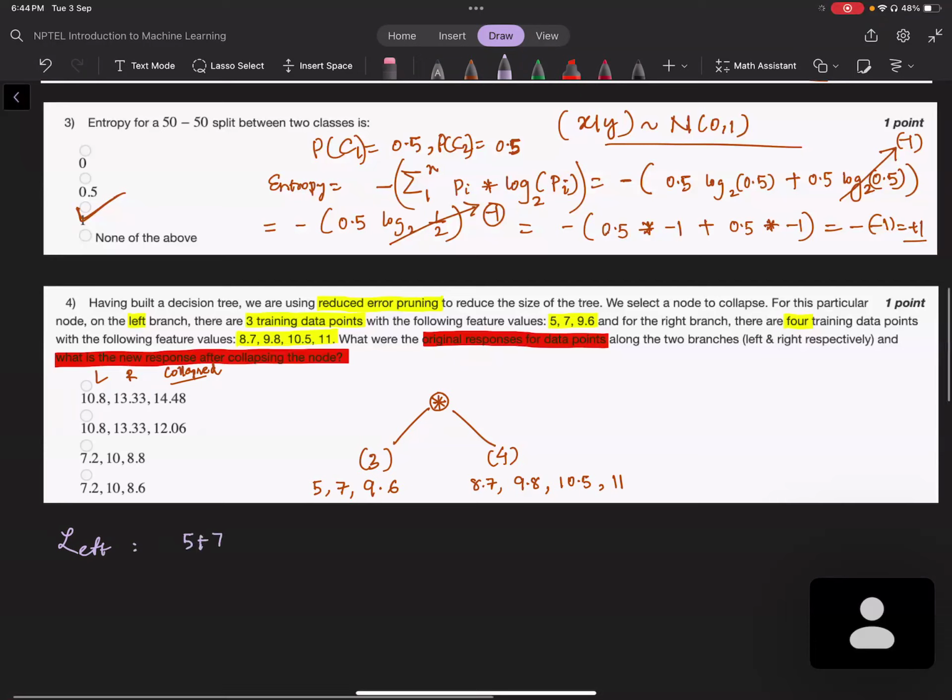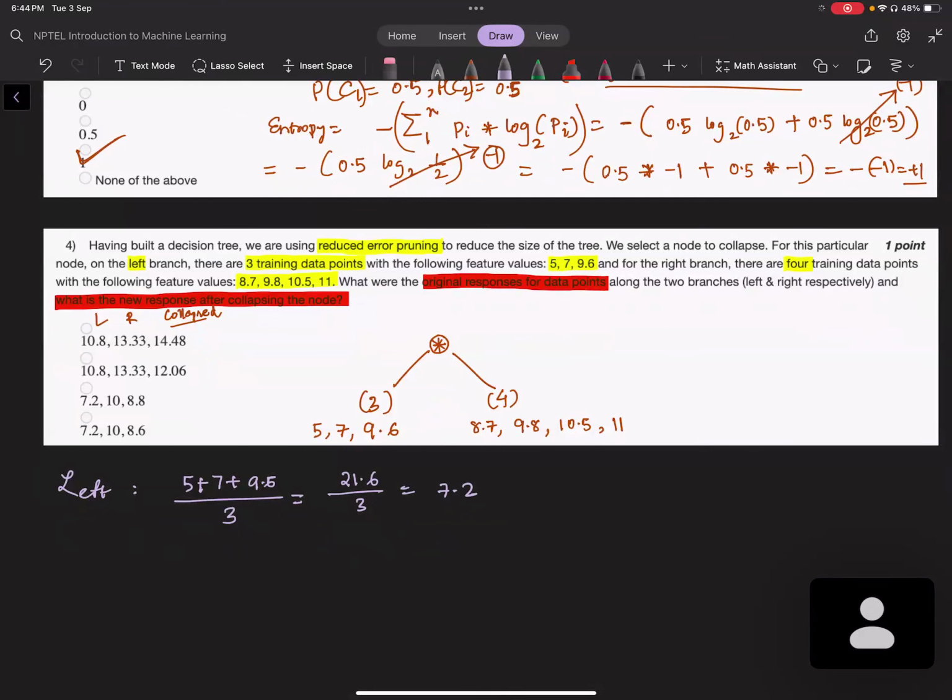Just add them and divide by 3. 12 plus 9.6 is 21.6, divided by 3 will be 7.2. Going right, it will be 10. You know how? Because only one option has 7.2 and 10. So right will be 10.